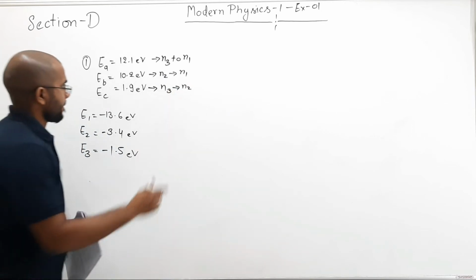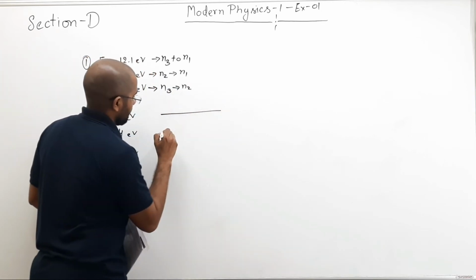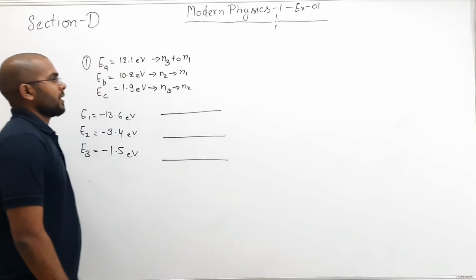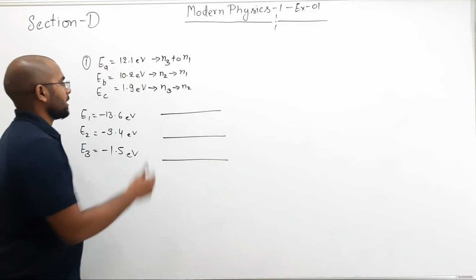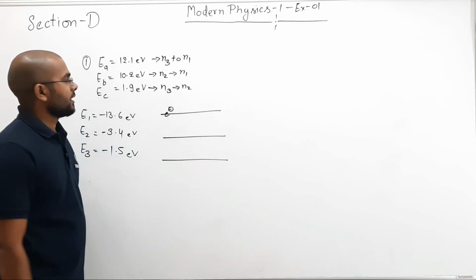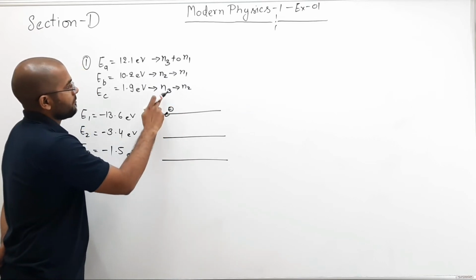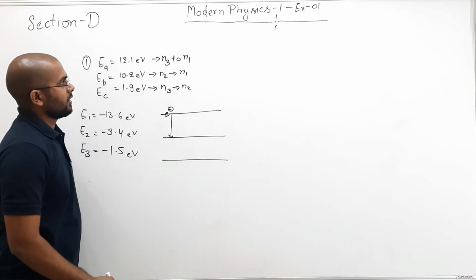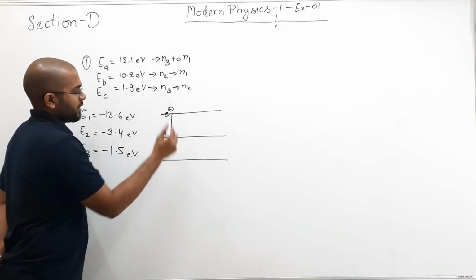Now see, let us draw. This is third, second, 1. Now let us assume that electron was already here. Then let us say it jumped from third to second. It can jump like this. Now it can jump from second to first.